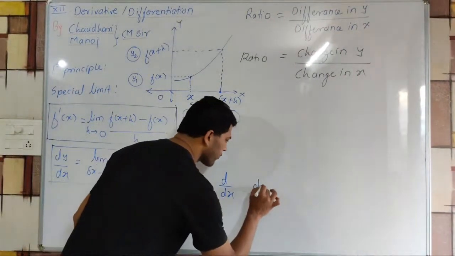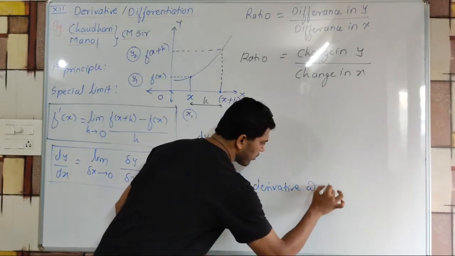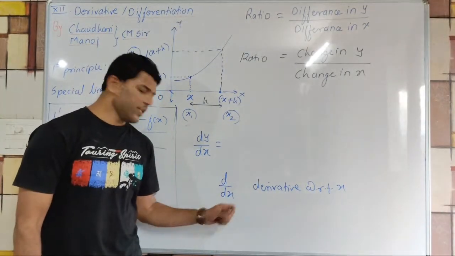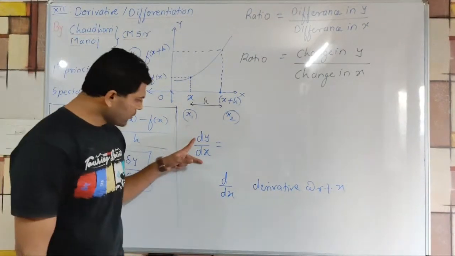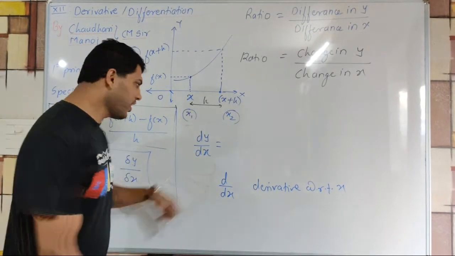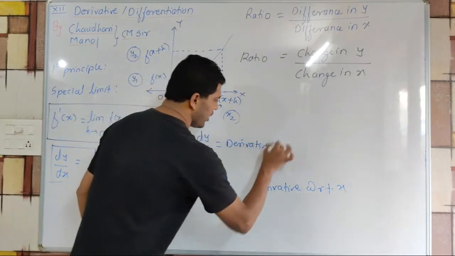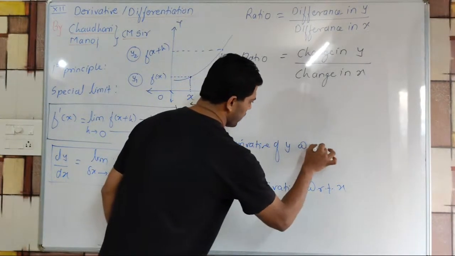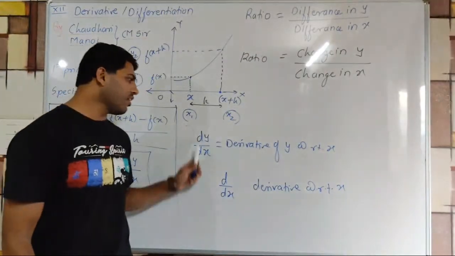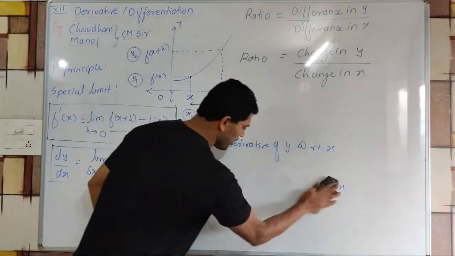Here, we are trying to find the derivative of y with respect to x. So read it as derivative of y with respect to x. This is the way you have to read dy by dx. It is a derivative of y with respect to x.